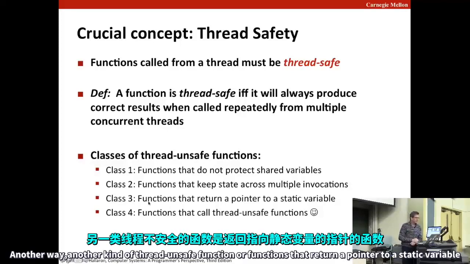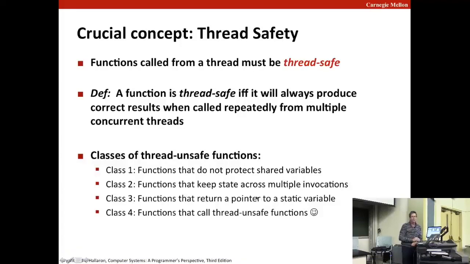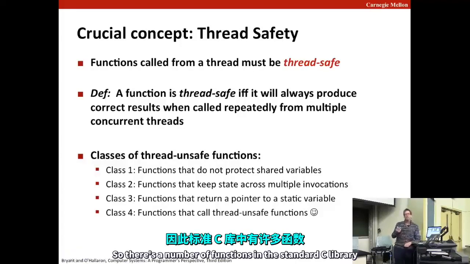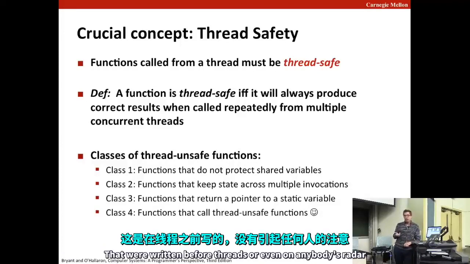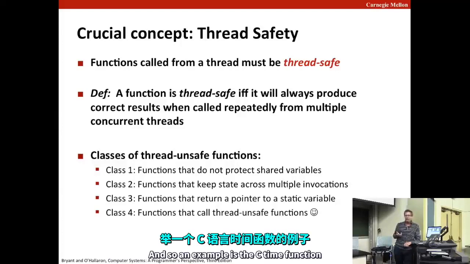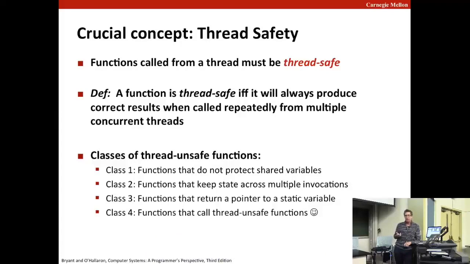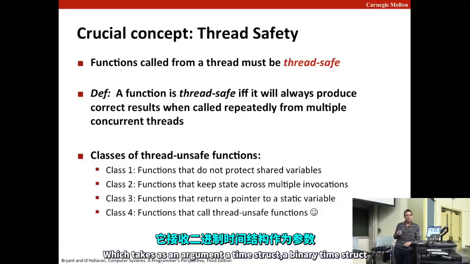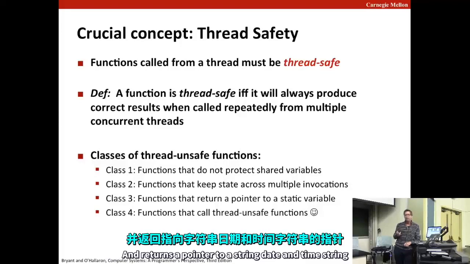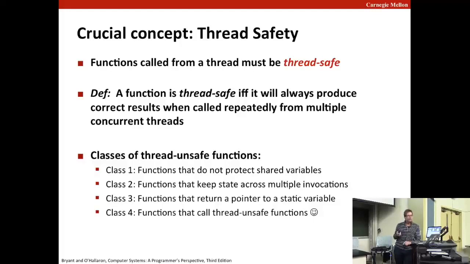Another kind of thread unsafe function are functions that return a pointer to a static variable. There are a number of functions in the standard C library that were written before threads were even on anybody's radar. An example is the ctime function, which takes as an argument a binary time struct and returns a pointer to a date and time string.